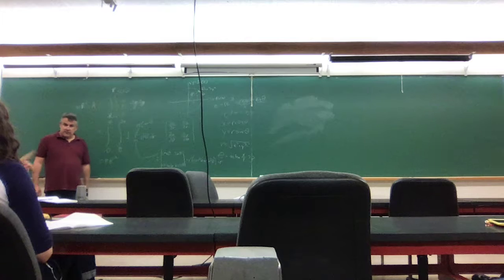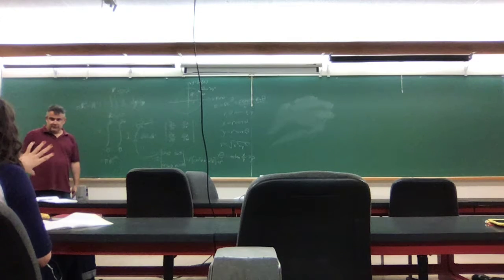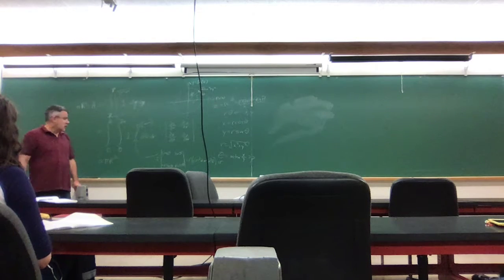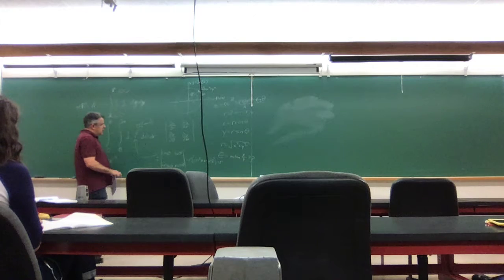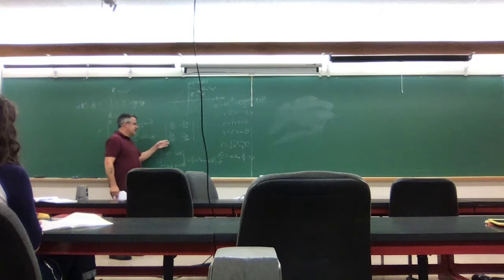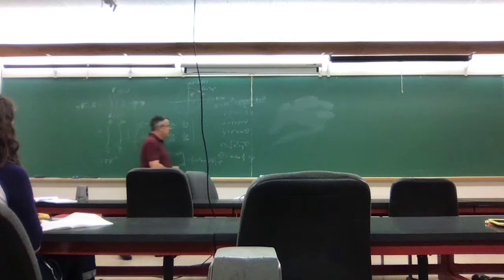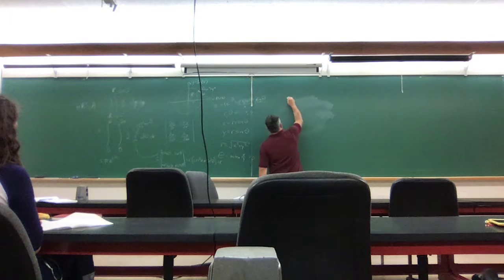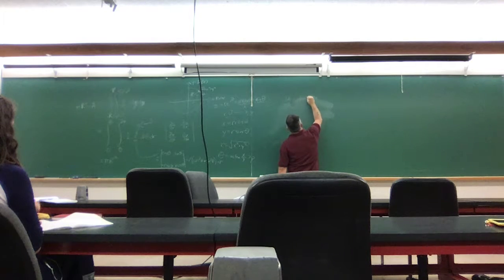Could you explain again why the Jacobian makes sense? Oh yeah, why is that? So I didn't even say exactly. What we're looking for is a little element of area, which has an element of x and an element of y in it.